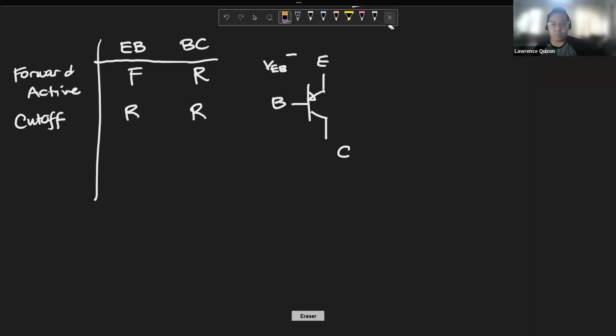Like pala to. VEB is negative, and VBC is also negative, no? So actually, in reality, we would see minus here, a plus there, and minus here and a plus there, no? So ang pinakamataas na voltage natin is nasa collector, no?